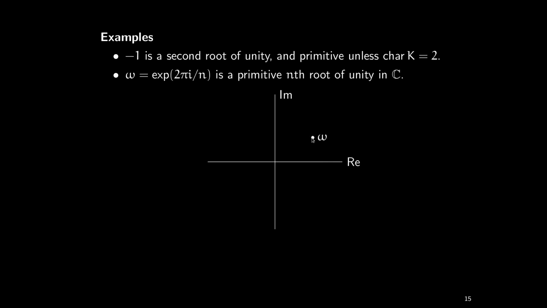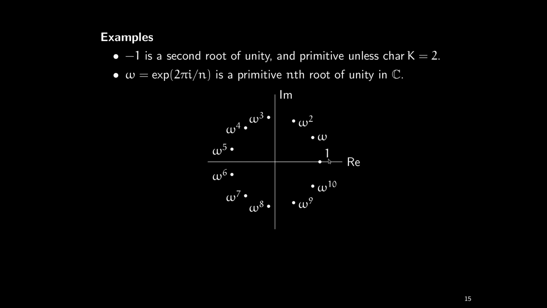And if we say that this is such a point, then multiplying it means you continue to jump with the same angle around the unit circle, and eventually you end up at 1. So in this case, this omega would be an 11th root of unity.